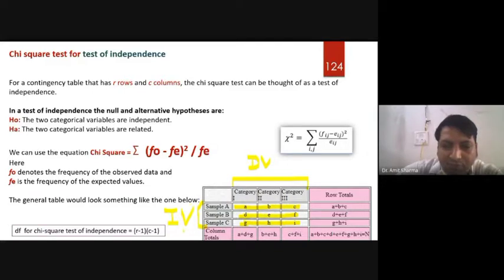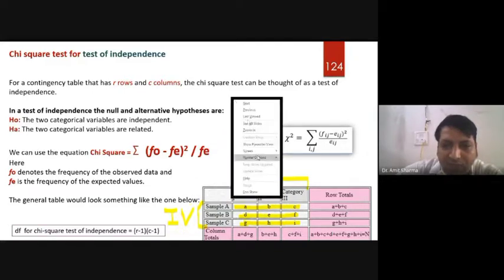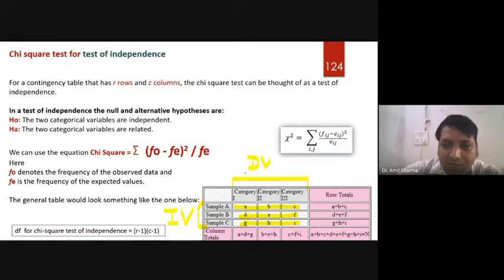Here I have given one example: we are going to compare BMI with blood pressure. BMI is classified into 3 types, sample 1, sample 2, and sample 3: normal BMI, overweight, and obese.